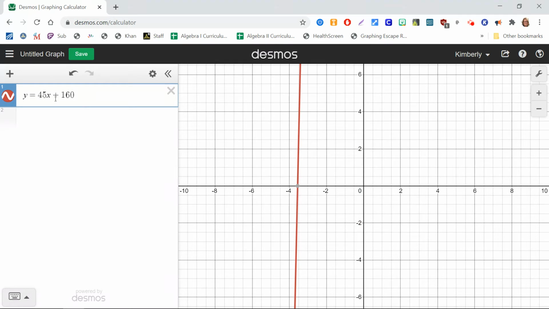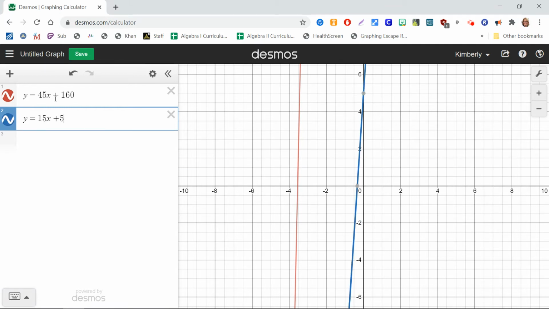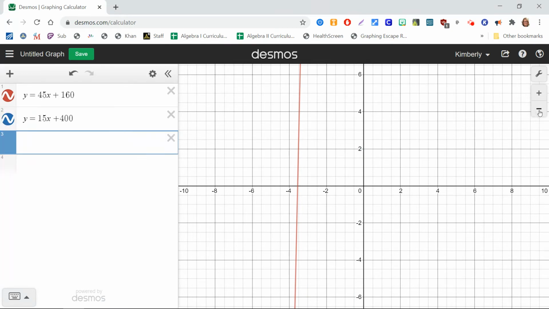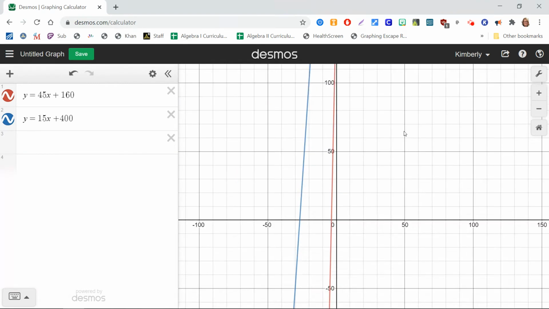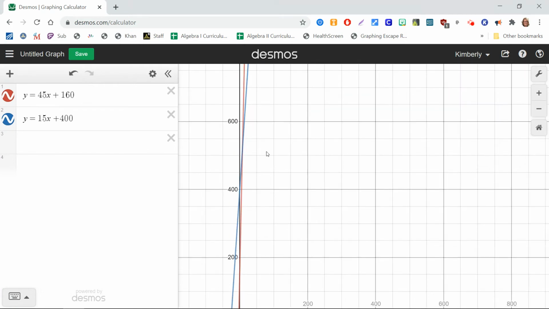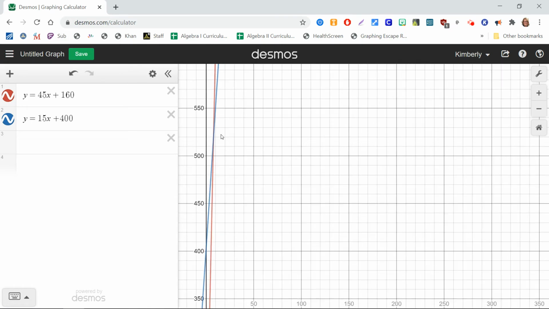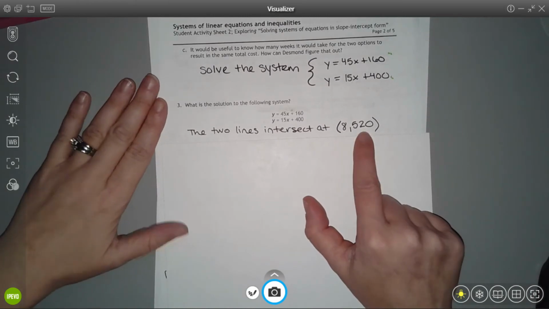Then Y equals 15x plus 400. We have to adjust the screen here so we can see this. We can see the two lines have an intersection right there, and that point is 8, 520. That's what I had here, the point 8, 520.